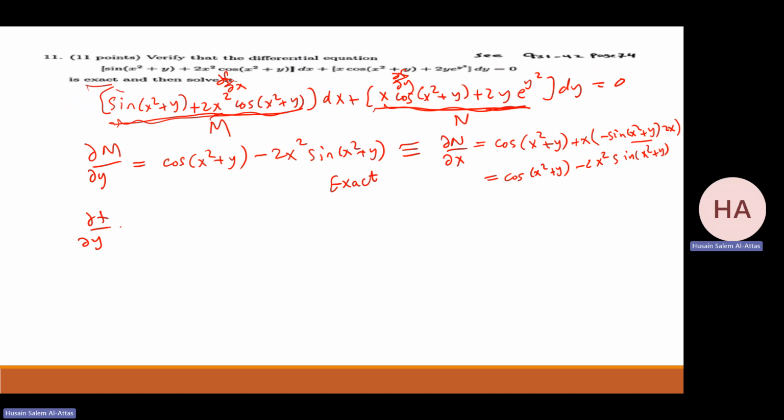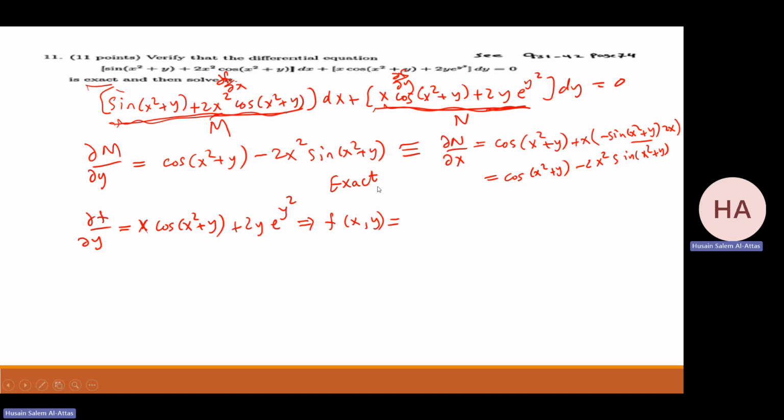Partial f with partial y will be what? x cosine x squared plus y plus 2y e to the y squared. Now, what will be the integral with respect to y? It's a function of x and y.